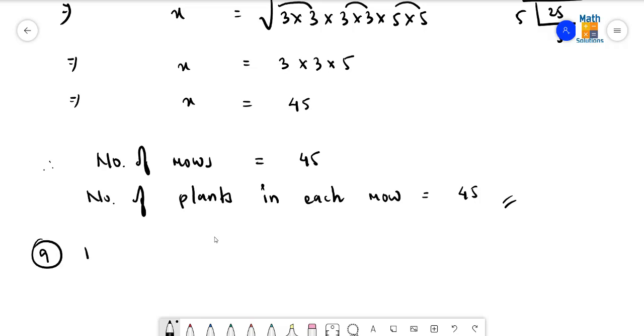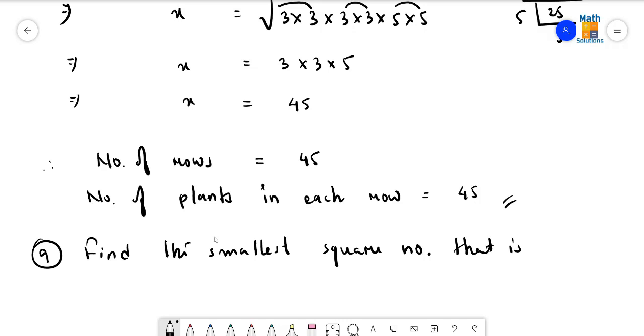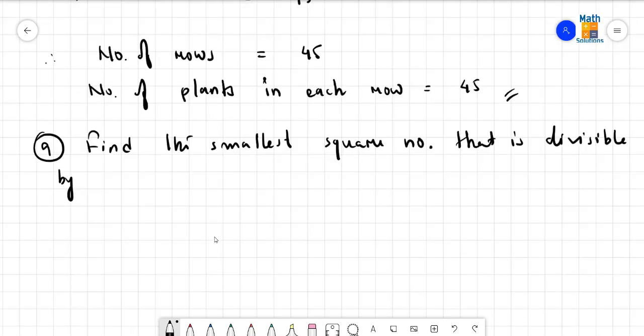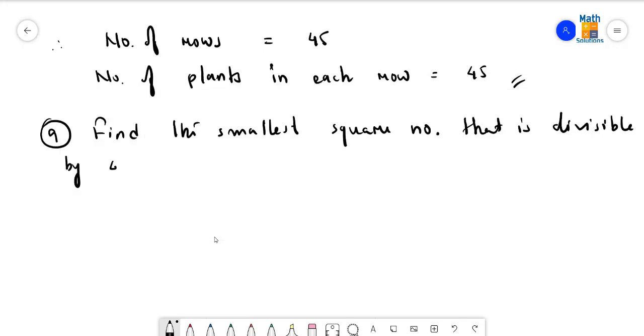Find the smallest square number that is divisible by 4, 9 and 10. Divisible by 4, 9 and 10.